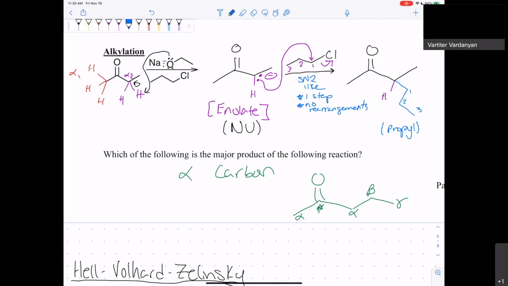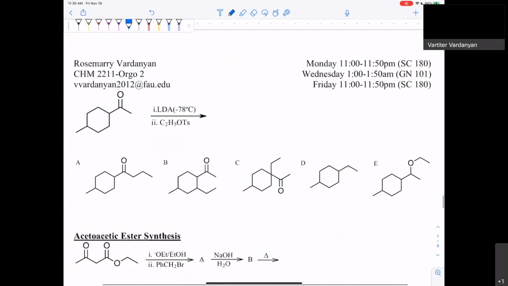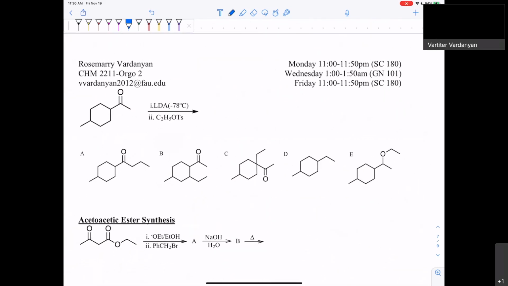Seems like everyone's good, so we're going to scroll. And the question that is supposed to be for this, I don't know why it got messed up, but the question is, what is the major product of this reaction? So we have LDA. Does anyone know what LDA is? Cool.